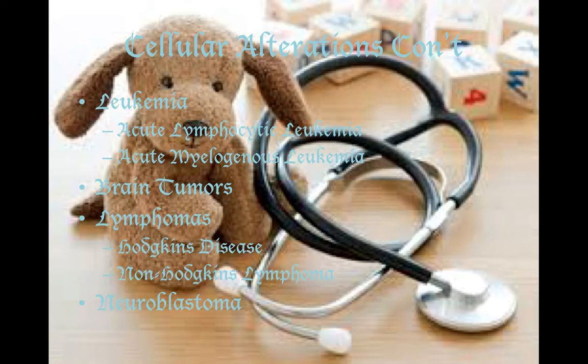Because of the rapidity with which this tumor can proliferate, most children have advanced disease at diagnosis, even though they may have had symptoms for only a short period of time. Most have stage 3 and 4 of the disease when diagnosed.